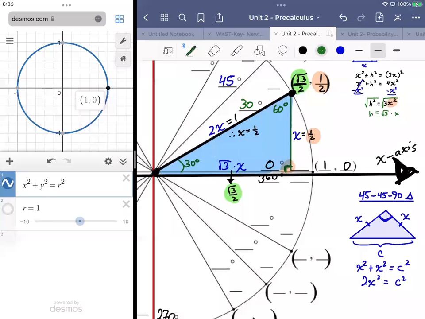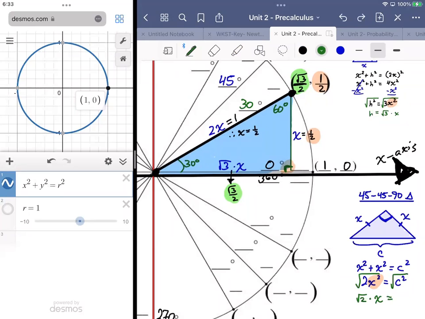Take the square root of both sides. The square root of 2, I can't do anything about that, so I just call it radical 2. But the square root of x squared, I can do something about that. That's just an x. And the right side is just a c.